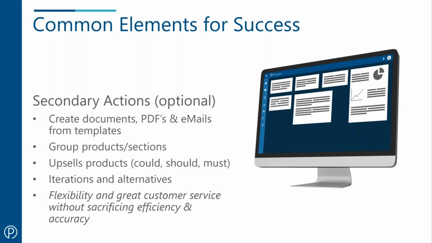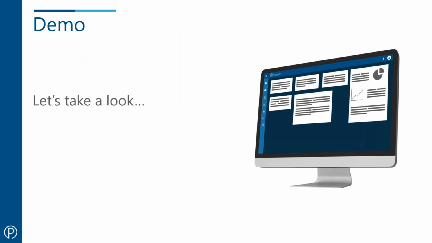And really in all these kind of secondary actions in the slightly more complex, the sort of medium and the more complex sales, we're looking for good flexibility and the ability to provide great customer service to our customers, but without sacrificing the efficiency and accuracy that we're looking for in our quotation process. So there's a bit of an introduction, the complex, medium and simple, and some of the key things we're looking for.